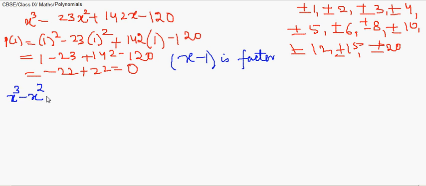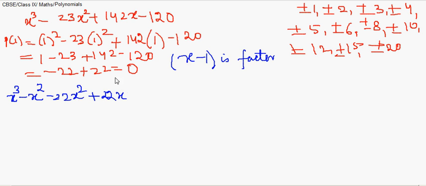Here what I do is, I need a minus 1, so I take 22x, and if I take a minus, it will again be x minus 1.